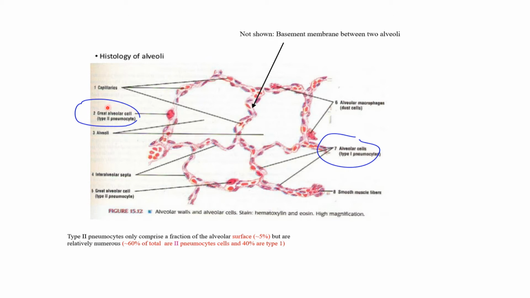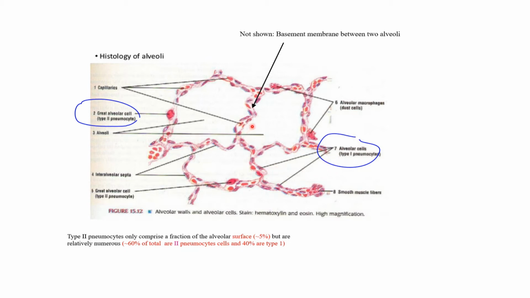Then there are the type 2 pneumocytes, which synthesize surfactant, although they do not occupy much of the surface area of the alveolar wall. They are in fact more numerous. There are more type 2 cells than type 1 cells.